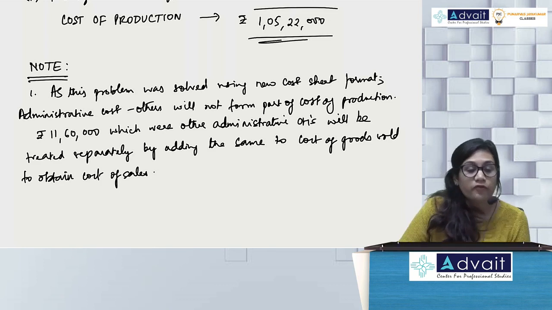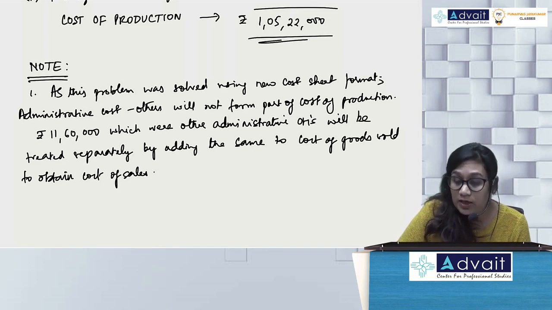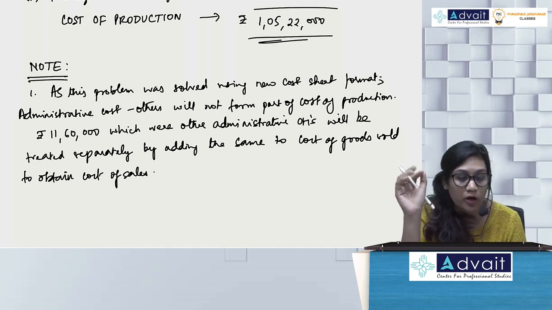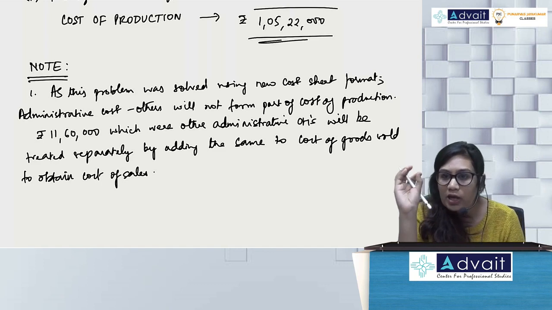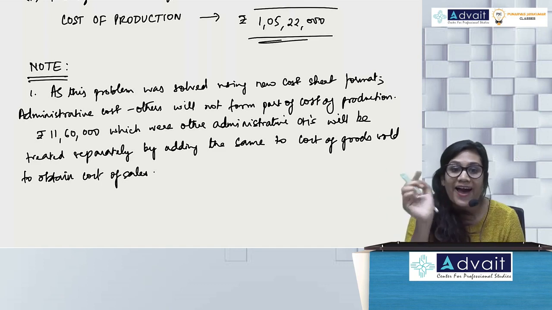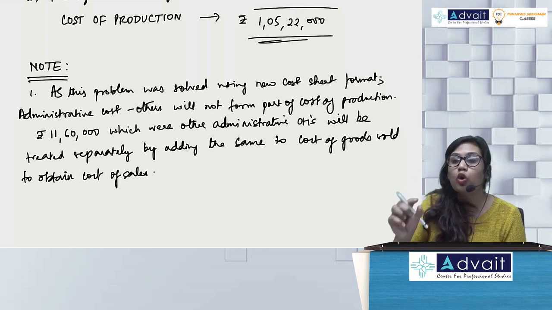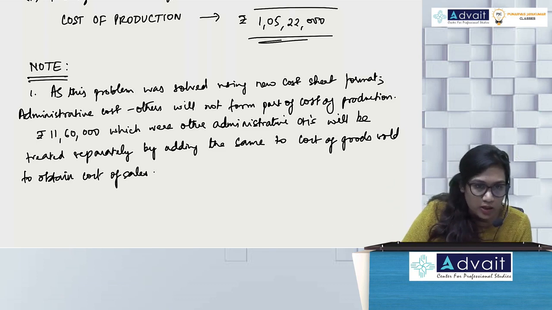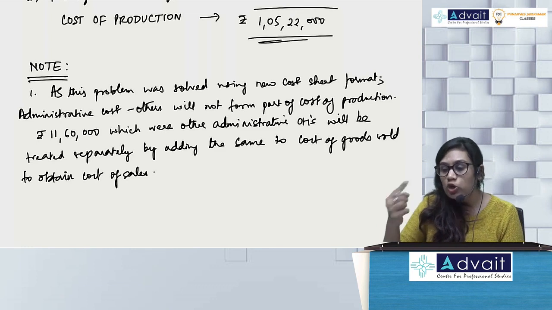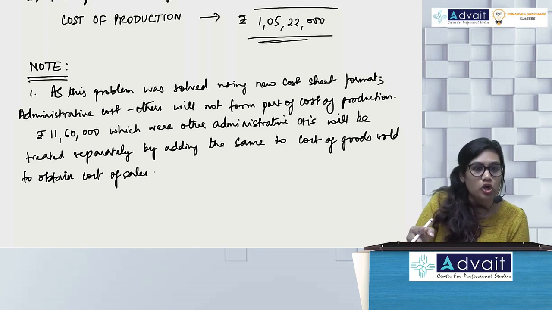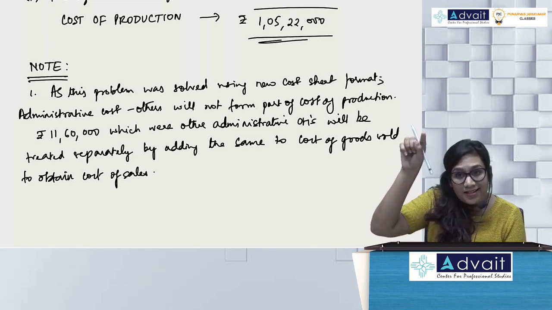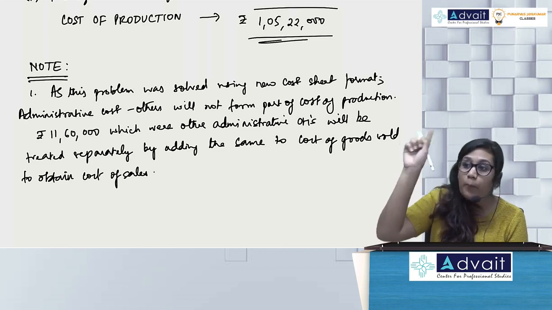So there is a lot of difference. What is the difference? When you are adding a cost which becomes part of cost of production, तो जब आप per unit cost निकालते हो, that time you will divide that cost by the total number of units produced. Correct? So when you are valuing your opening and closing stock, then you will use the cost of production that you have calculated per unit.